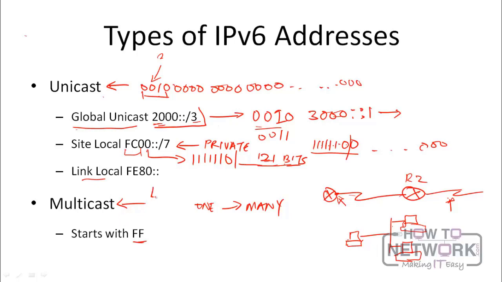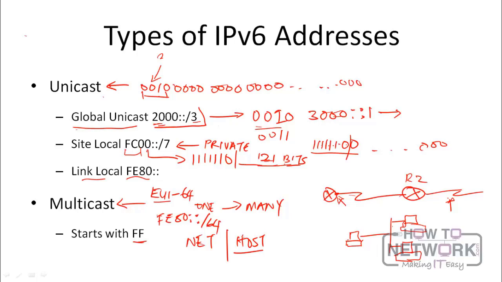uses what is called EUI-64. And EUI means Extended Unique Identifier. So what happens is that the device knows that the link local IP address should start with FE80. It's going to say, okay, it's going to be FE80::/64, which means that we start with FE80 and the rest will be zeros. So since it's a /64, it means that the network is 64 bits and the host is 64 bits.